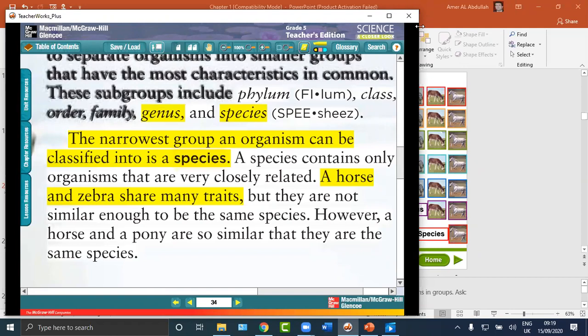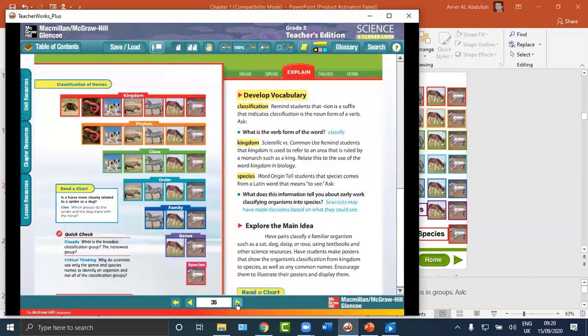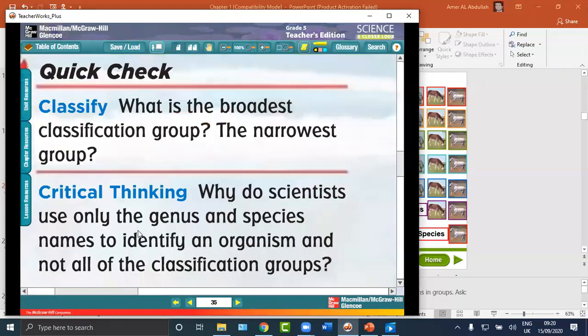Now, I want to ask you a question. What is the broadest classification group? Page 35. You can look to the figures, to the pictures. What is the broadest classification group?